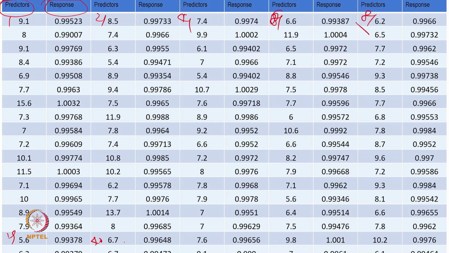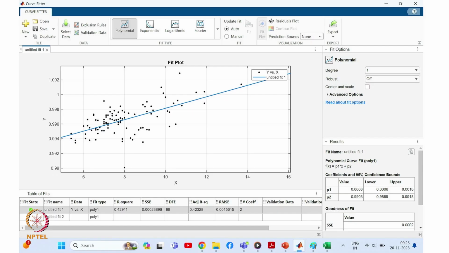So these data have been given, and we are trying to see how a curve fit method will work, because MATLAB has a curve fit algorithm. We have developed our own algorithm, but we are comparing it with the MATLAB algorithm, because we have given only training data, 100%, and the same happens in the curve fit method.